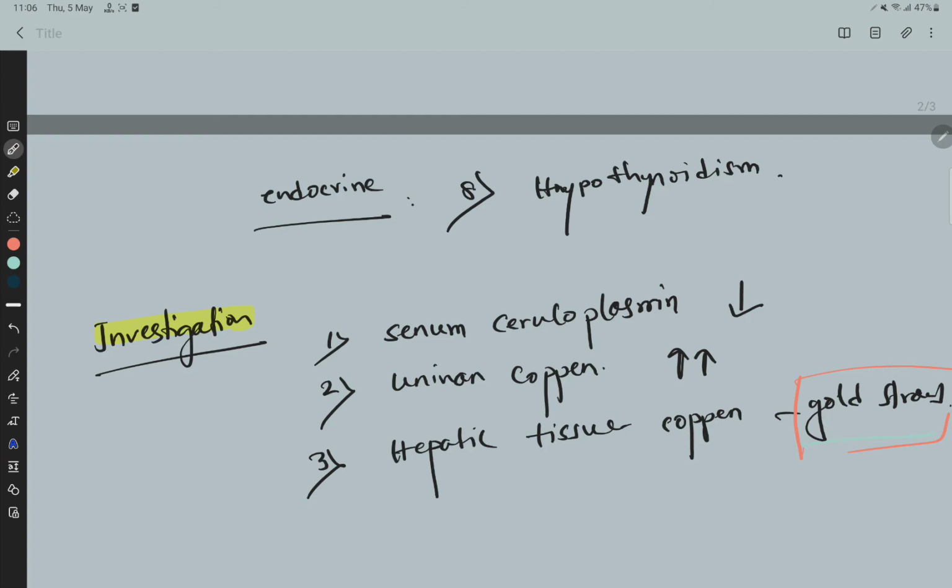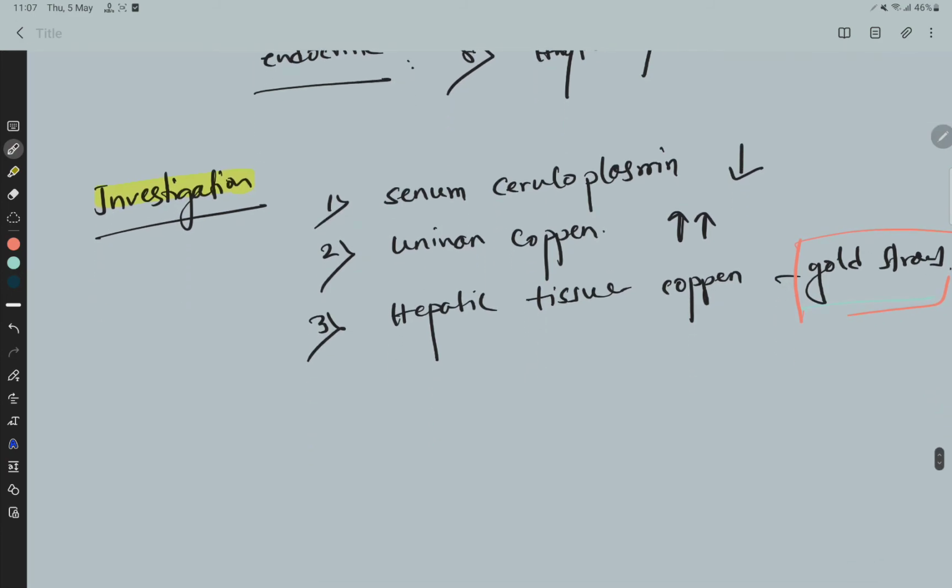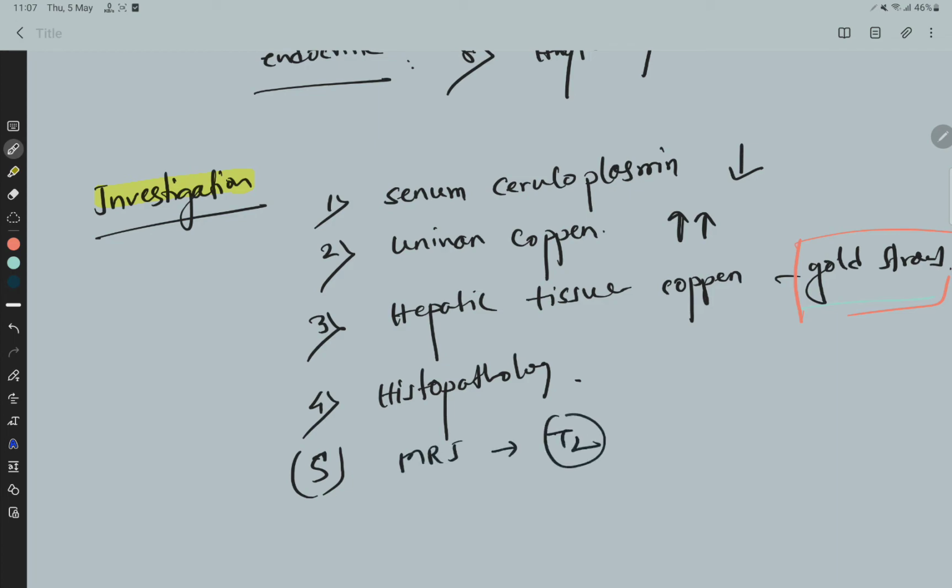Then histopathology can also be done. Fifth, radiological investigation like MRI. In MRI, hyperintensity is seen in T2.